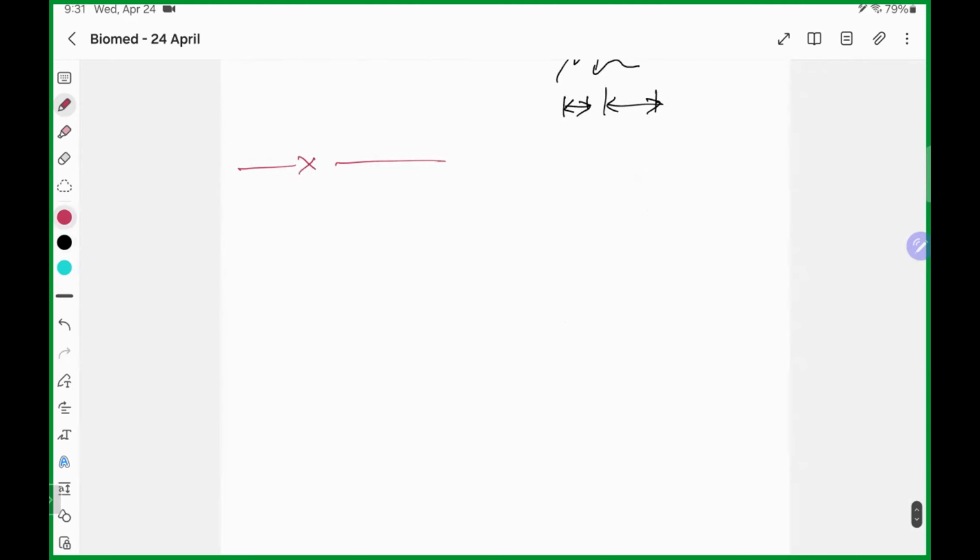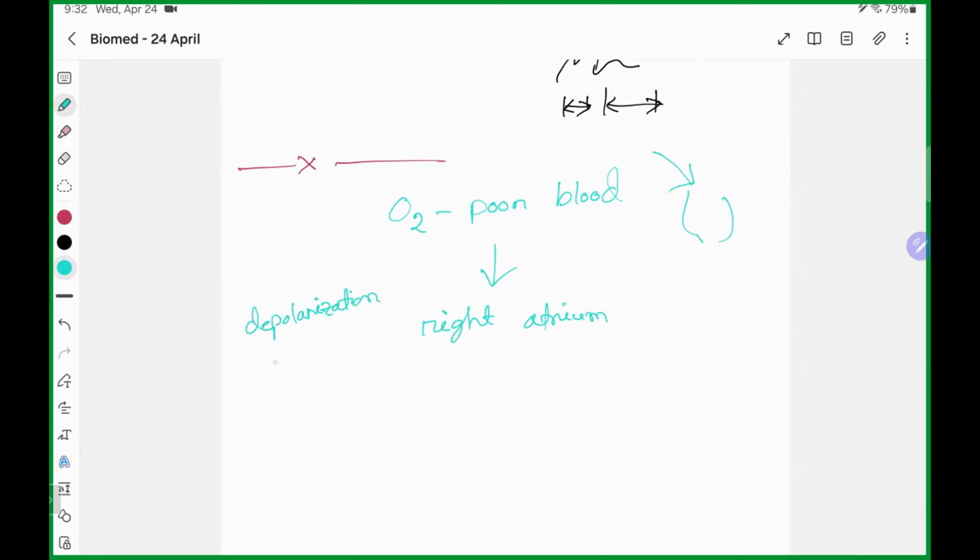So you have the oxygen-poor blood. Oxygen-poor blood will enter the right atrium. You saw in the figure, it will enter the right atrium first, and this happens due to the depolarization by the sinoatrial node, SA node.